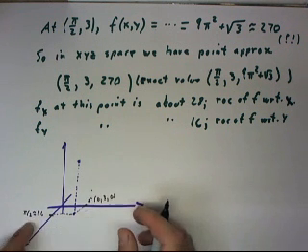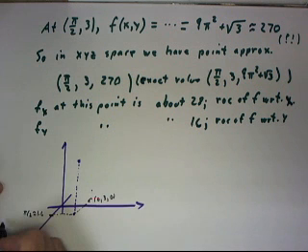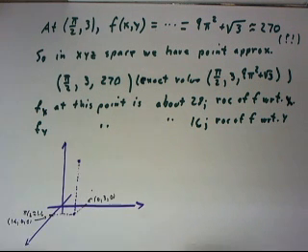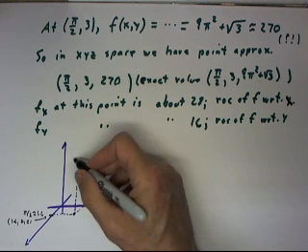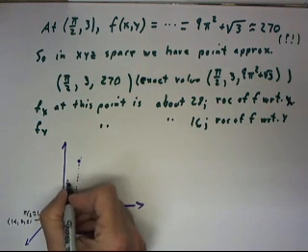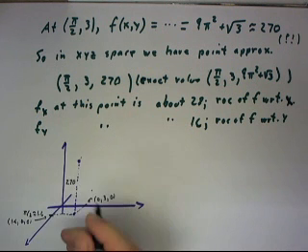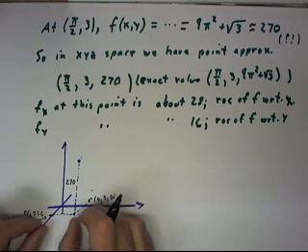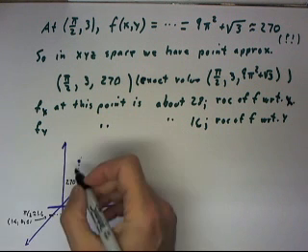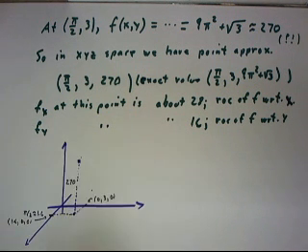That notation isn't real consistent with this. We can say that the point is approximately 1.6, 3, 0. And this distance here is going to be the value of our function, and that's going to be 270. Now obviously this 270 is not measured in the same scale that the 1.6 or the 3 is measured. Still, we have this point on the graph.